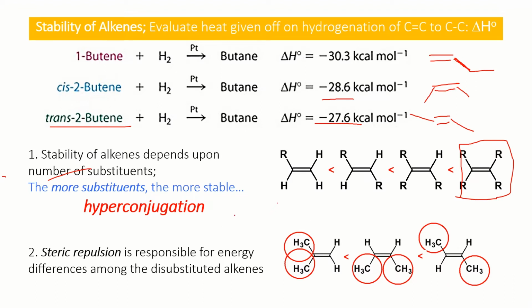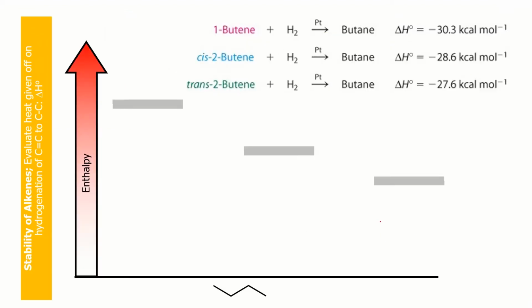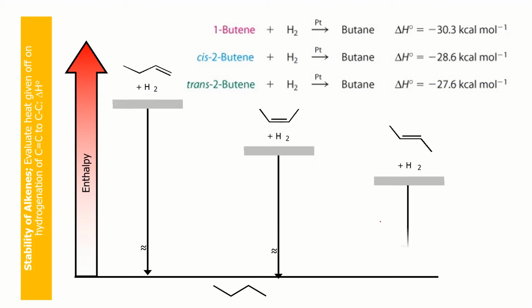This is due to steric repulsion. In the case of the trans, the two groups are quite far away, while in the cis, the two groups have an amount of interaction with each other, and so it destabilizes the compound. And so the cis is less stable than the trans. See this in the graph of when we hydrogenate.